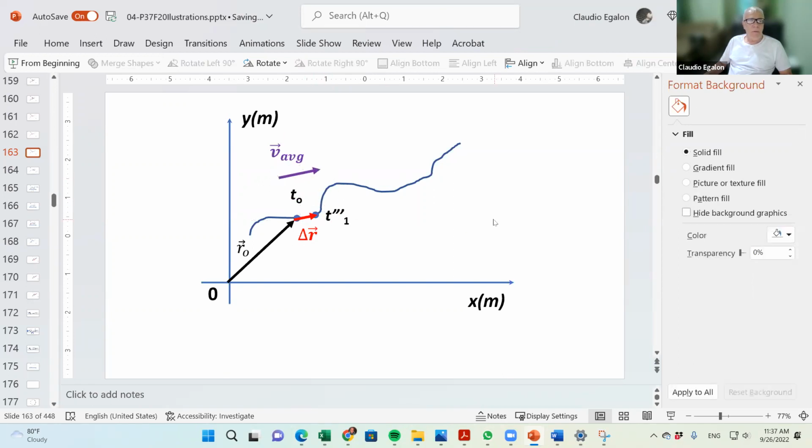But the magnitude is not necessarily the same. Eventually, when this delta R becomes 0, something interesting happens.